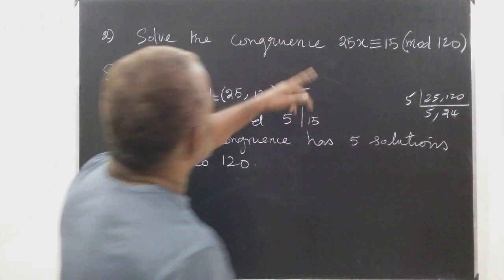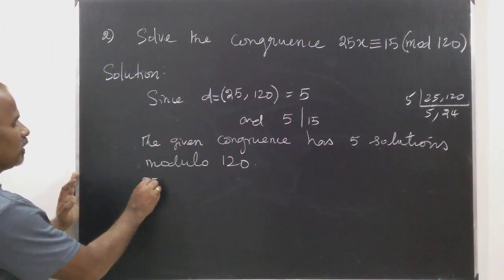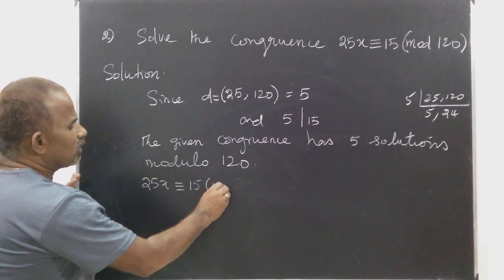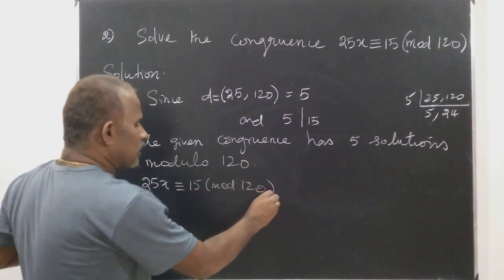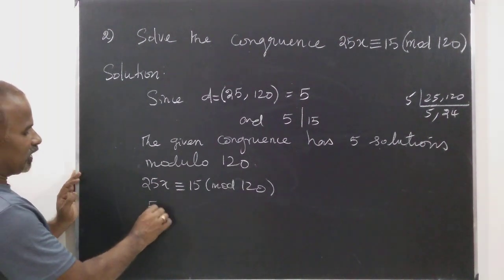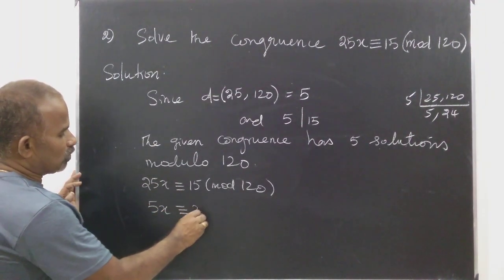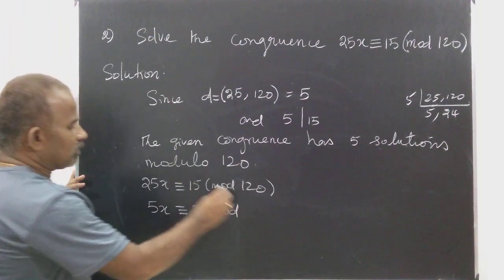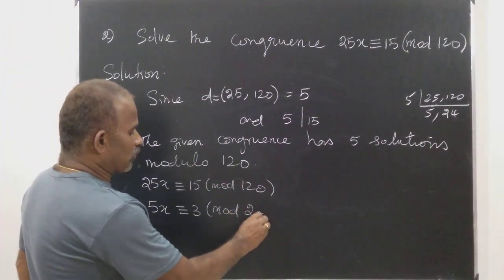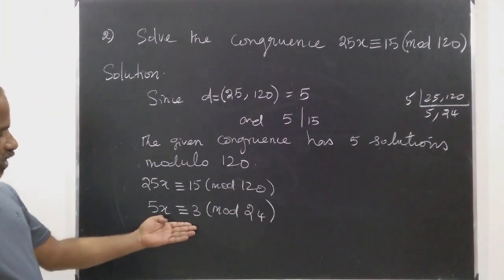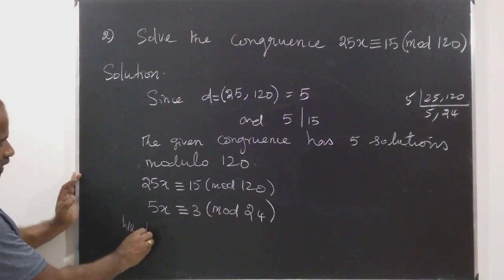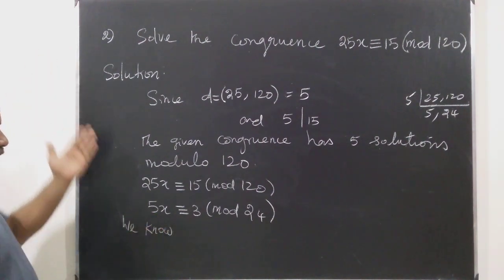We can divide 25x is congruent to 15 mod 120 throughout by 5, and we get 5x is congruent to 3 mod 24.